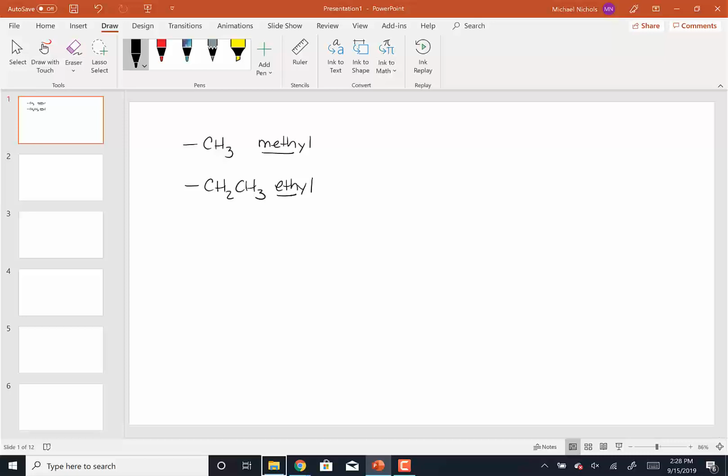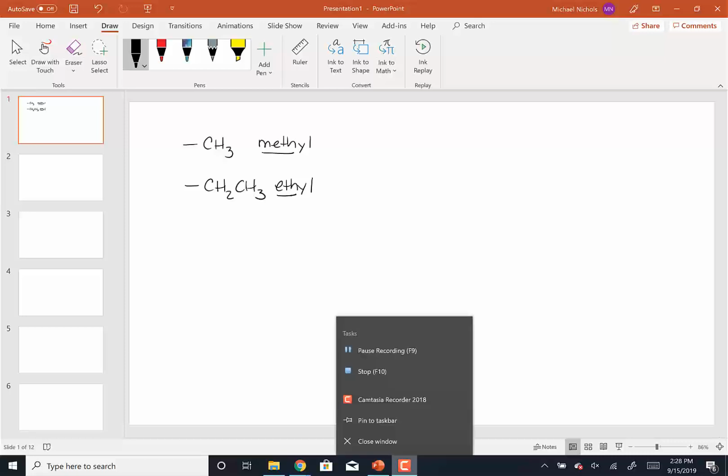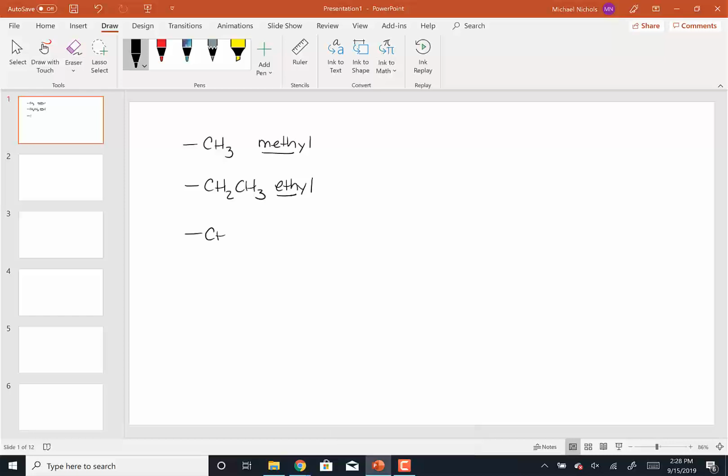When I form a 3-carbon chain, it can have 2 attachment points. So the first would be to simply attach the 3-carbon chain at the end and have a straight chained alkyl group, and this would just be simply called propyl.